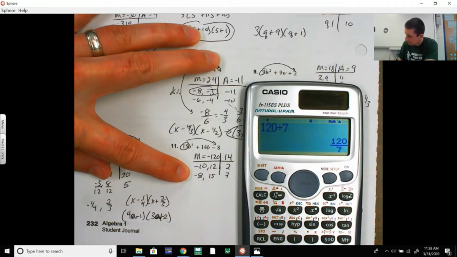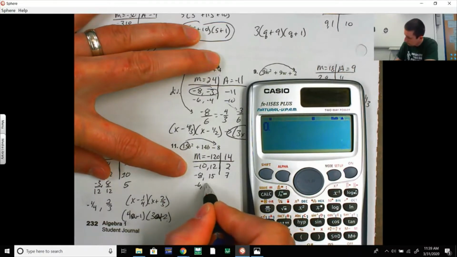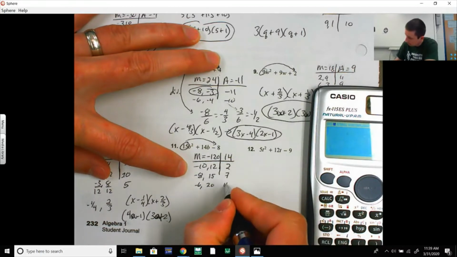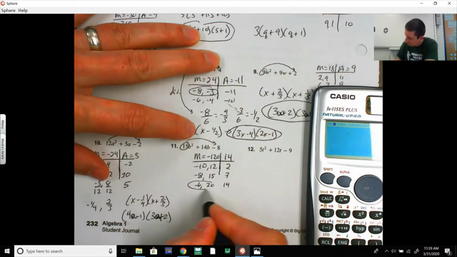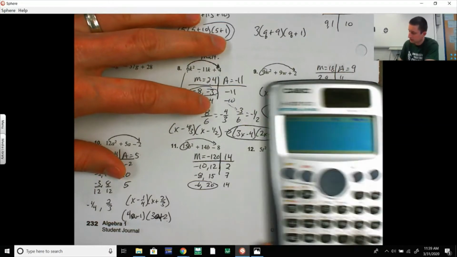No, not evenly. Okay, 6. 120 divided by 6 is 20. So if I do negative 6 and 20, negative 6 plus 20 is our 14 that we need. So it's kind of just guessing and checking, figuring out some numbers.